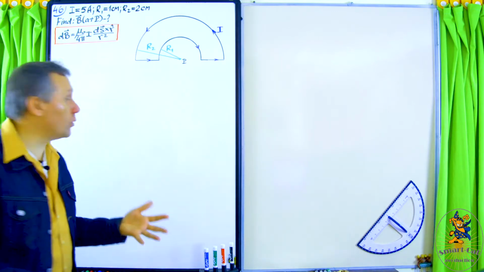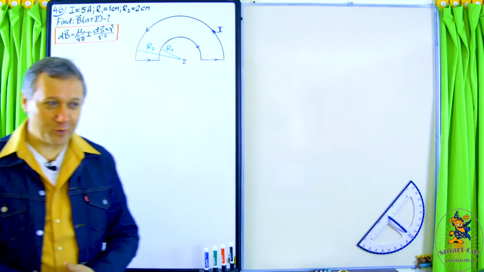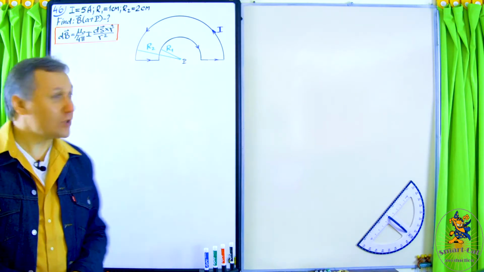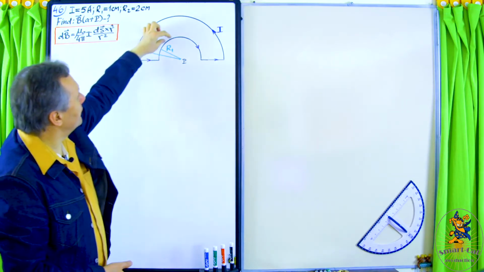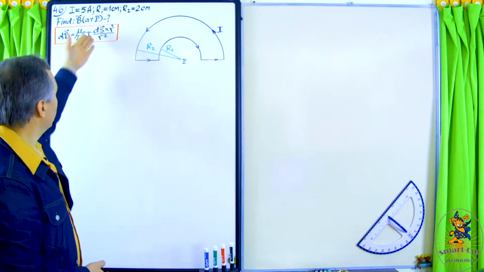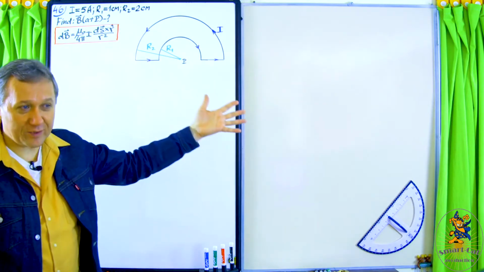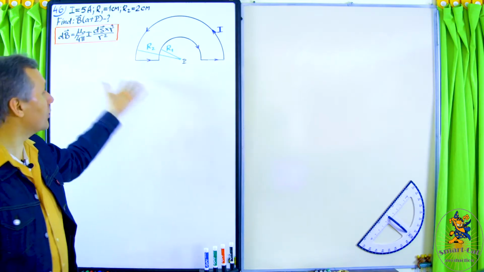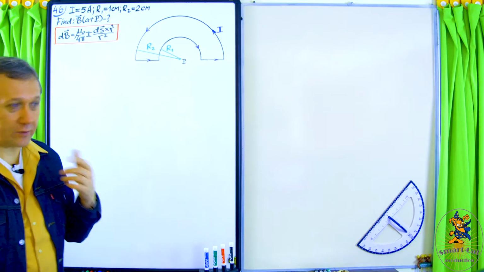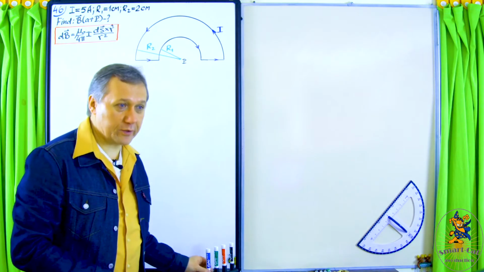It means that we need to go back to the roots, to the Biot-Savart law in its original form, which allows us to find the magnetic field dB produced by an infinitesimally small section ds. And obviously we will have to integrate, because we have a finite loop, so of course we will have to go through the integration.